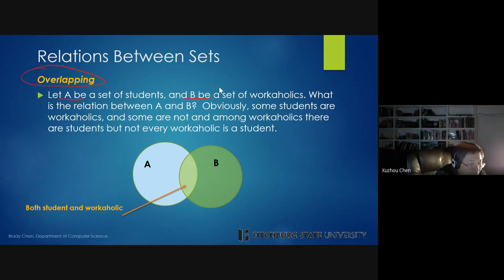Now let's see what the relationship between A and B is.